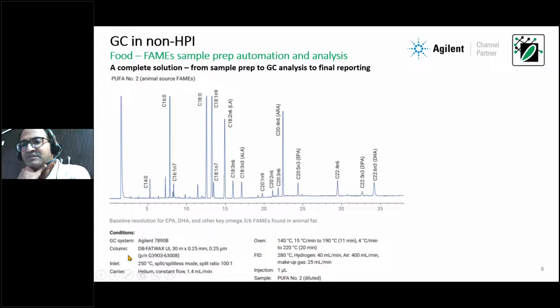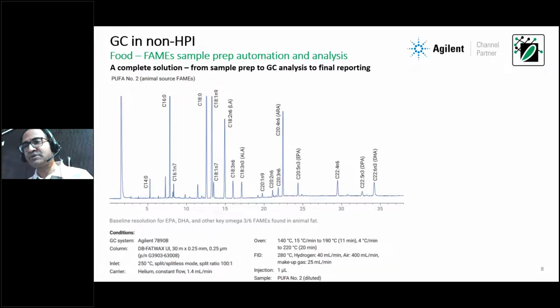The column that we are suggesting here is a DB-FATWAX column, and as you can see, it actually is just a 30 meters column. And I actually want to take your attention to this 30 meters column because typically you might have observed that when we do the FAMES analysis, we tend to use longer columns. Now, longer columns are excellent because they do far better separation, nicely done on those longer columns.